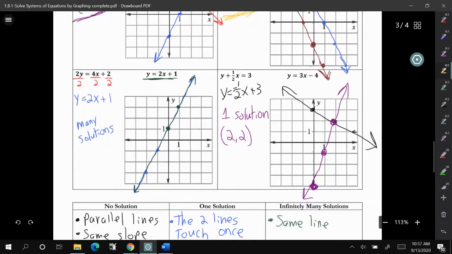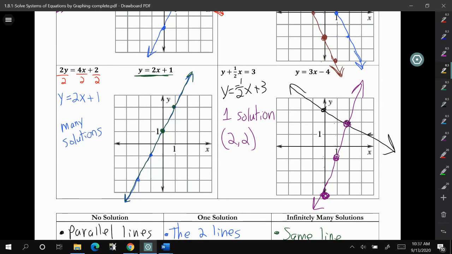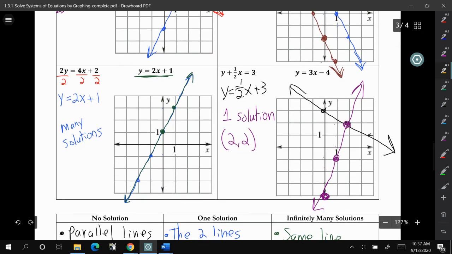The lower left, that one has many solutions because once you divided the left one by 2, they were the exact same line, meaning they would always touch. And then the lower right one, once you simplify the left expression to get y by itself, you would get that the lines cross at 2, 2, meaning there's only one solution.